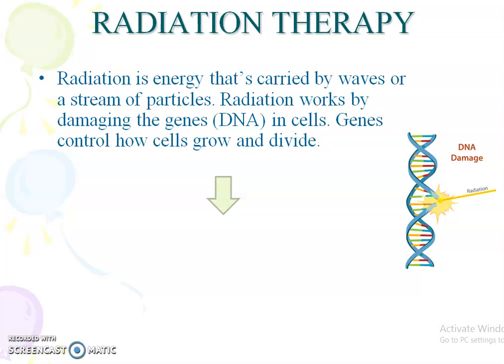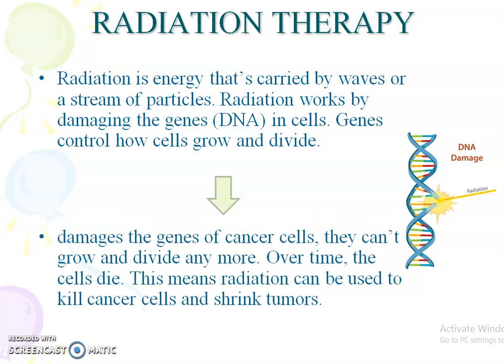So when radiation therapy is done, the radiation will damage the genes or the DNA of the cancer cells, so they can't grow and divide anymore. Over time, the cells will die. This means radiation can be used to kill cancer cells or shrink tumors.